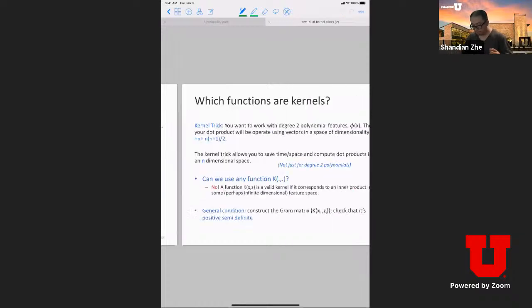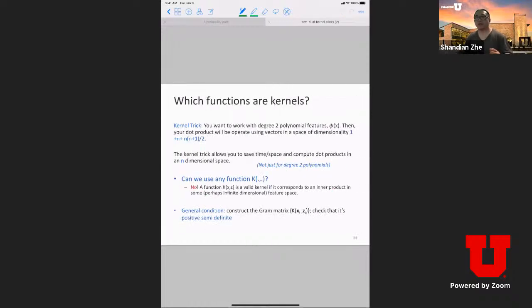Now, suppose we are given an arbitrary bivariate function, denoted by k theta of x and z. How can I verify this is a valid kernel function? One way is to go from the definition.